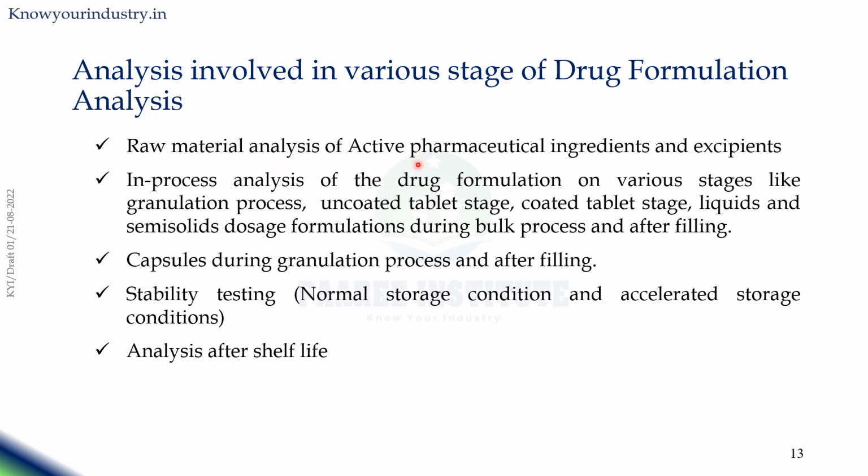They will be tested for appropriateness and quality before the development of the finished product starts. Then, during the development of the finished product, you can do in-process analysis. For example, I am going to make a tablet dosage form. Once I prepare the granules, granules of a specific weight can be tested for the assay, whether they contain the label claim of the product or not.